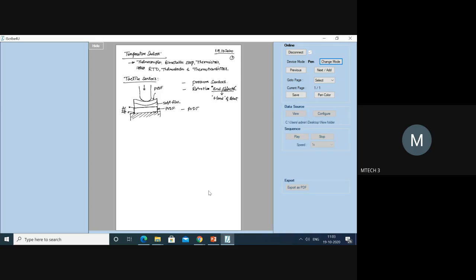PVDF is basically a smart material based on PZT, based on piezoelectricity.